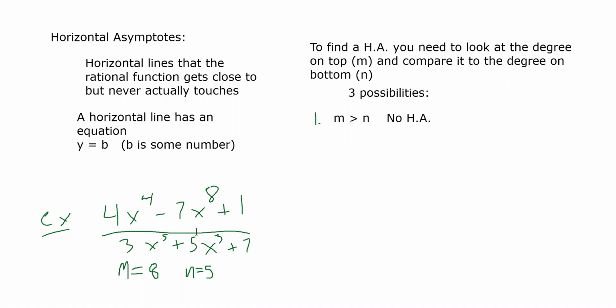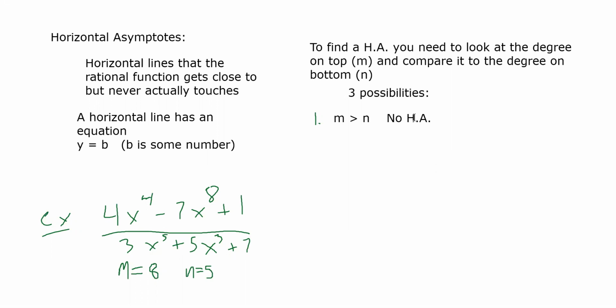The bottom polynomial is trying to calm everything down, because if the bottom polynomial is growing, you're dividing by larger and larger numbers, and that's trying to kind of cool the jets a little bit. When you divide by larger numbers, it starts to shrink the entire thing. But the degree on top being larger means the top is eventually just going to outpace the bottom, and the whole thing is just going to blow up and go up to infinity.